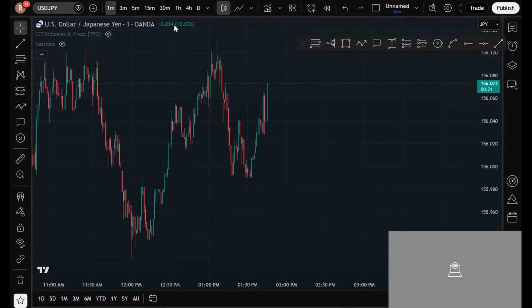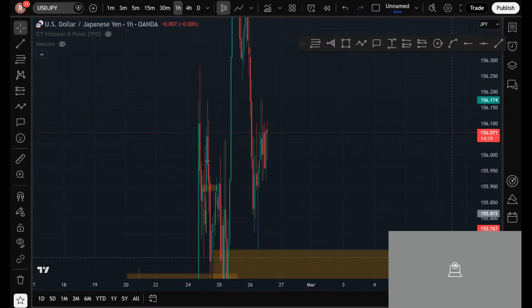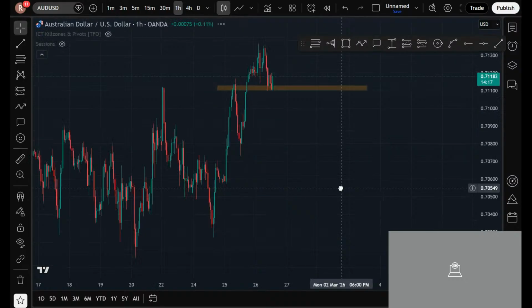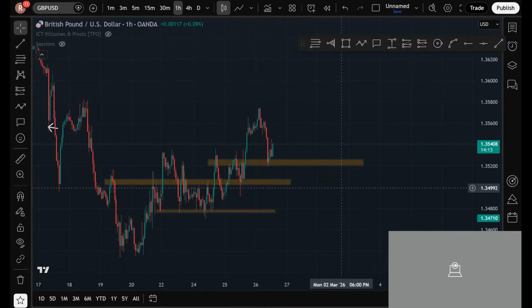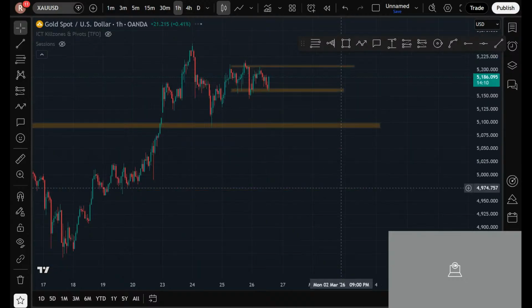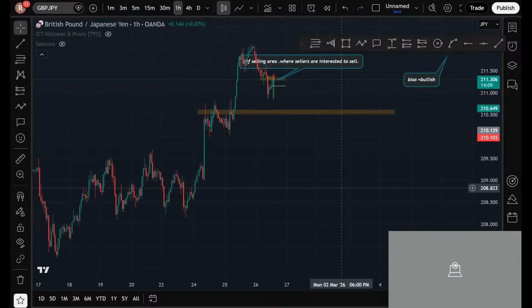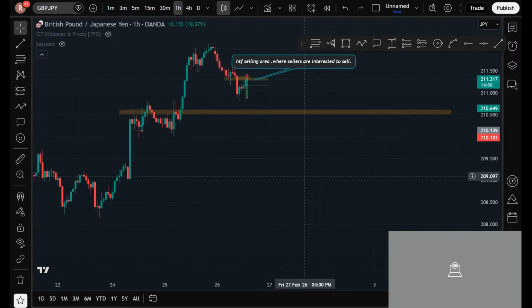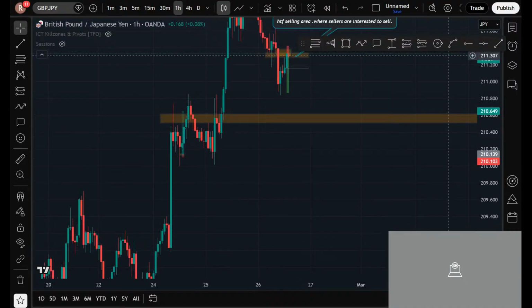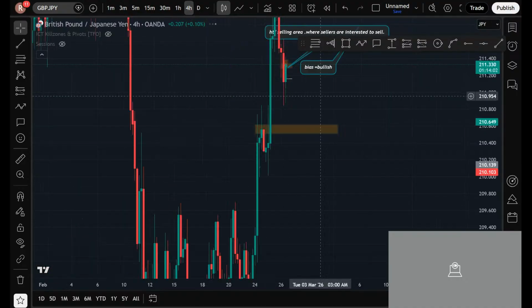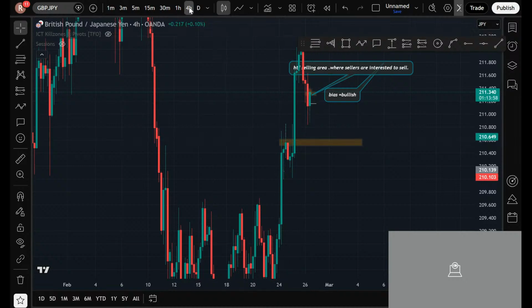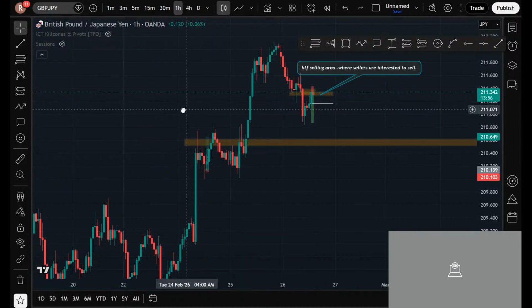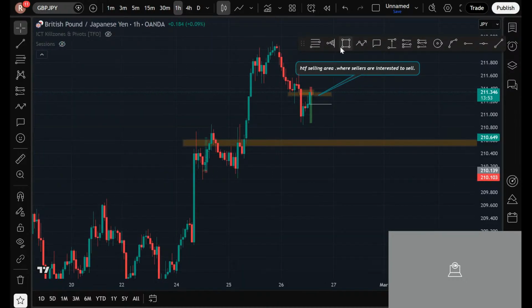What we can see on USD: AUD USD buying area, Euro USD, USD CAD, gold, hopefully bullish. But let's see. To be honest, these candles will hopefully come to this area, or let's say the hourly zone we have here.